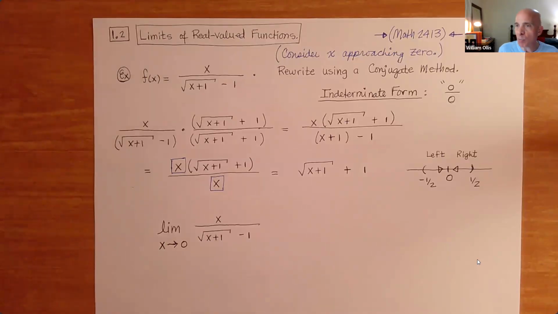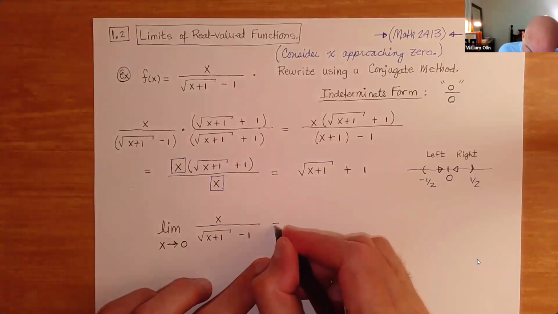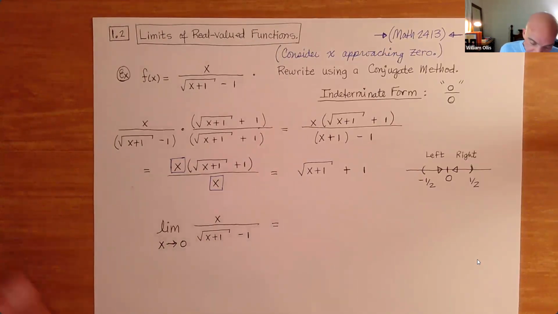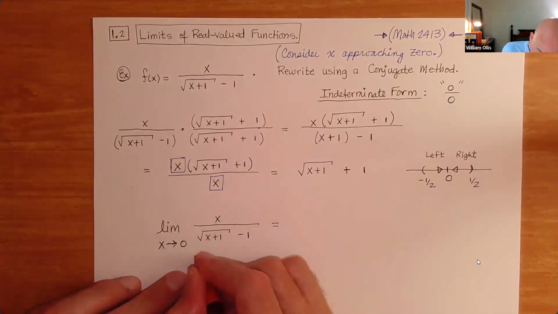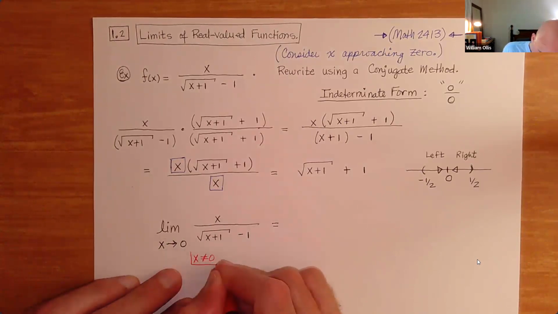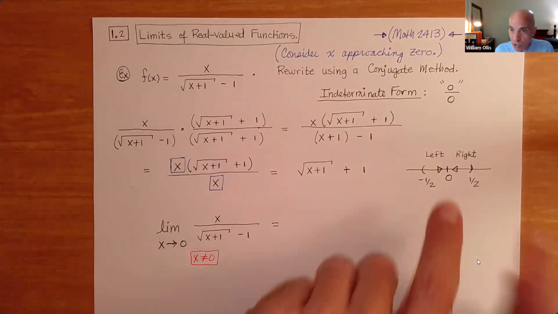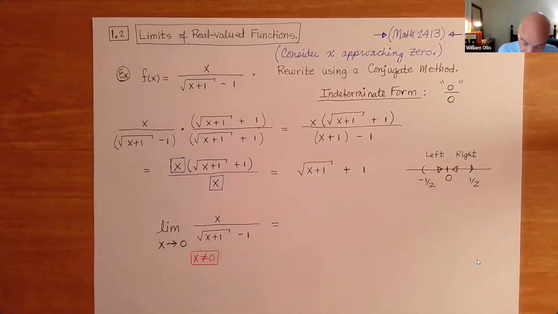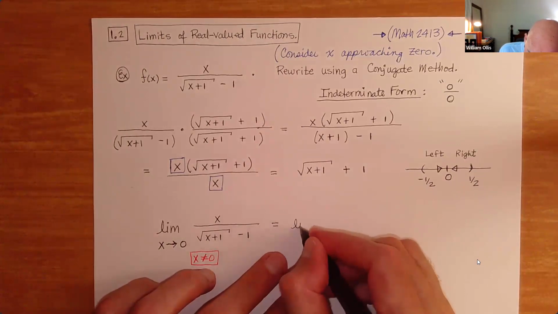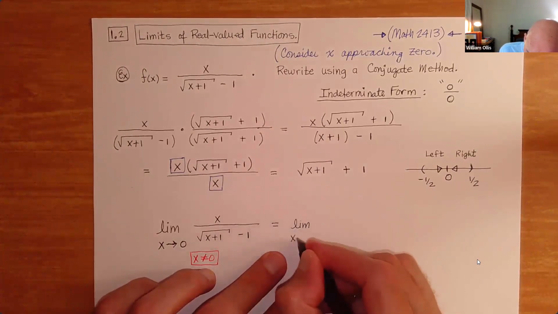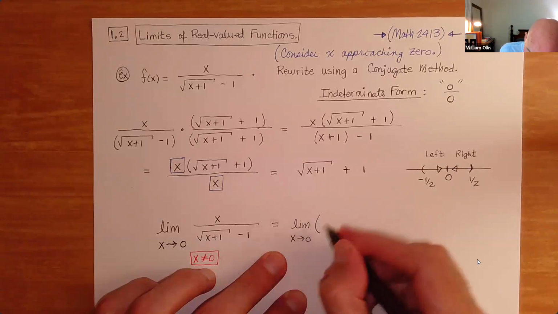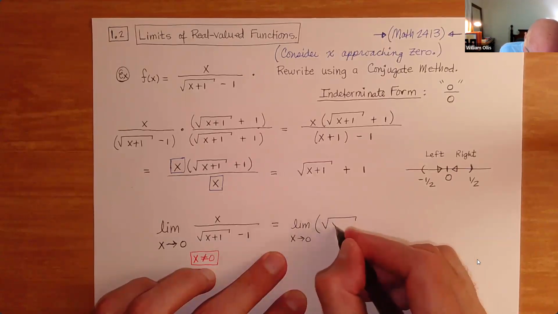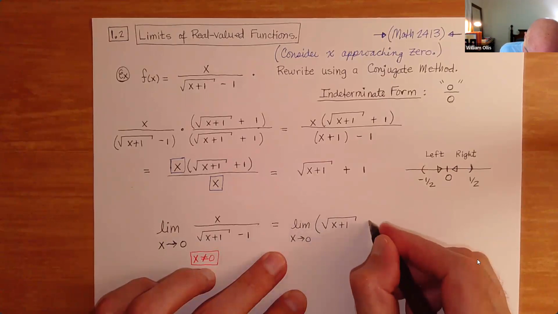I haven't even given you what the definition of limit is, but just thinking intuitively, which is how we start out, we could say, well, as long as x is not equal to 0, and let's just make it very clear here, x never equals 0. That is, we get as close as you like using our little diagram here. And so this would give us the limit as x approaches 0 of what we found it to be, the square root of x plus 1 plus 1.